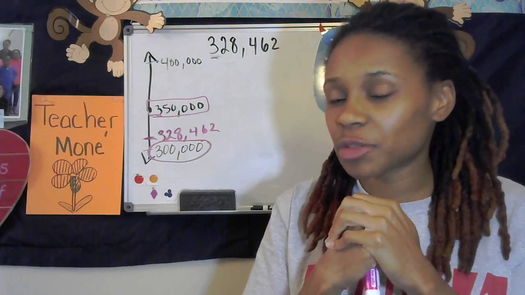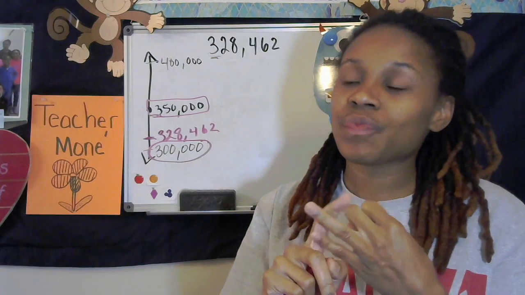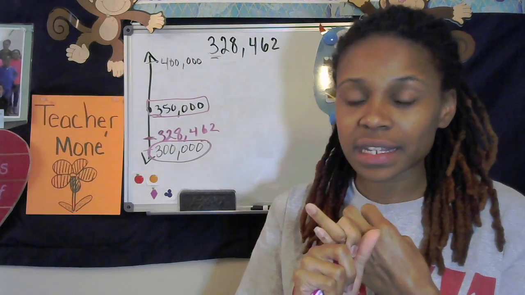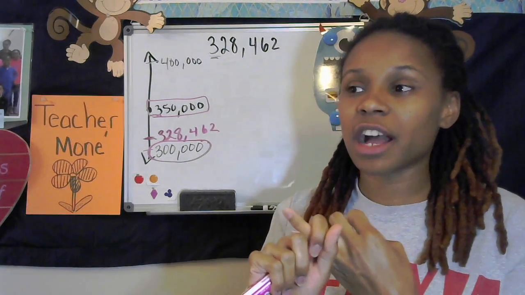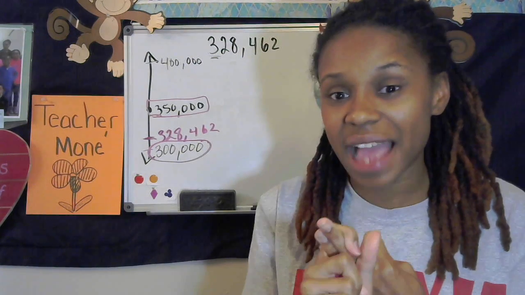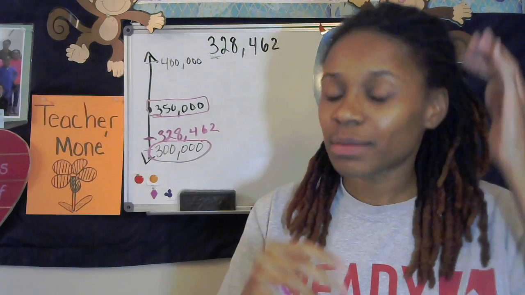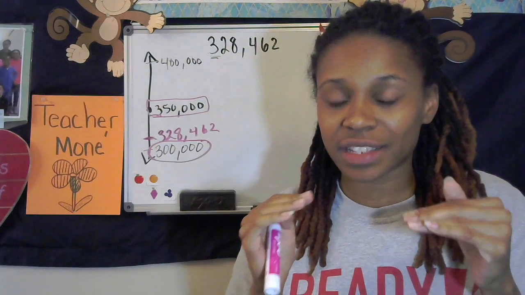Okay? So they have to be able to round these numbers. They have to be able to give an estimate, use a tape diagram, and then they have to go back and find the exact answer.